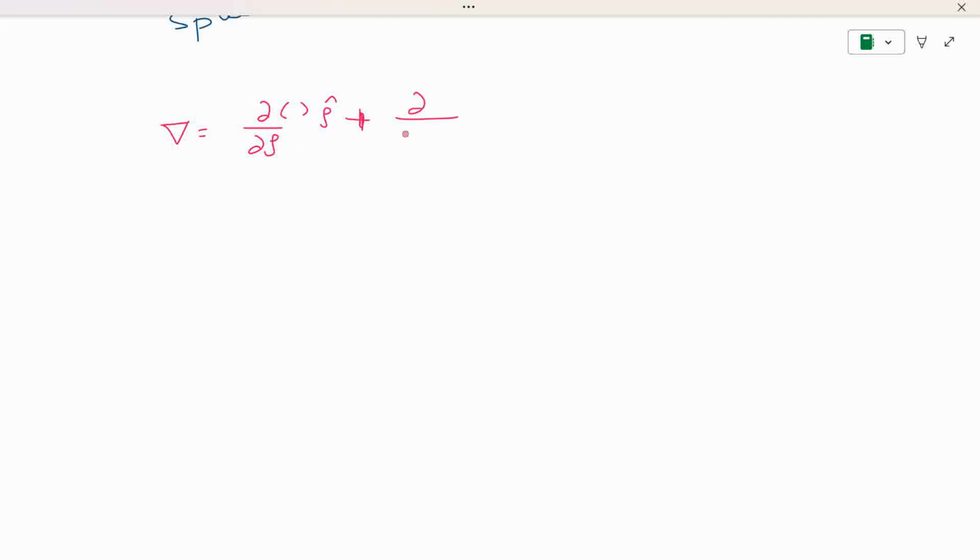Similarly, here it is rho d phi along the phi direction, and the other one will be along the z direction. This is cylindrical.